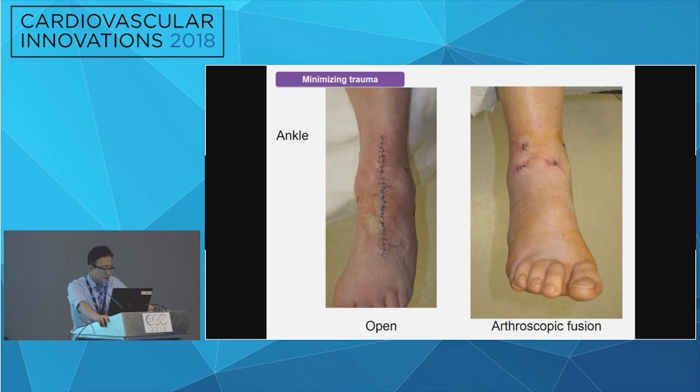Minimizing trauma is another thing you have to do. Like we talked about, that inflammation causes more catabolic activity, so you have to minimize the initial trauma.